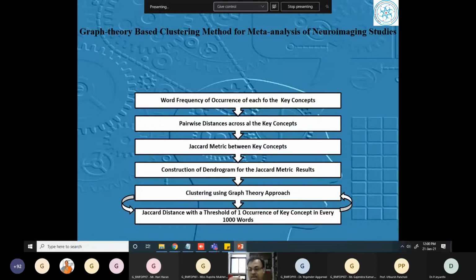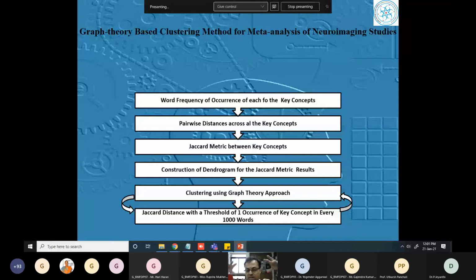We used the Jaccard metric. What is the Jaccard metric? When you have a lot of zeros, the Jaccard metric only looks at the non-zero entries. That is the Jaccard distance metric. And you do hierarchical clustering. We construct a dendrogram, and what we are trying to do is cluster them.